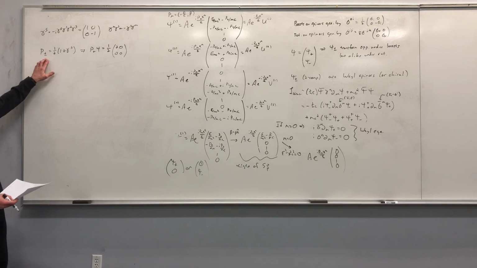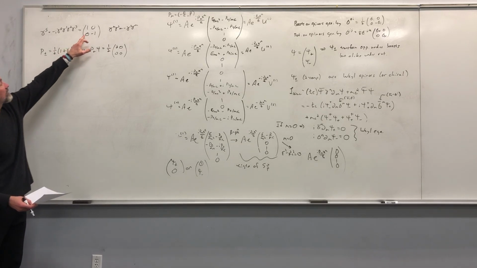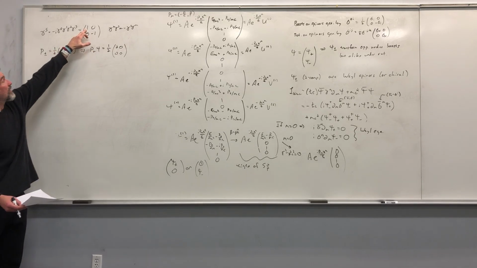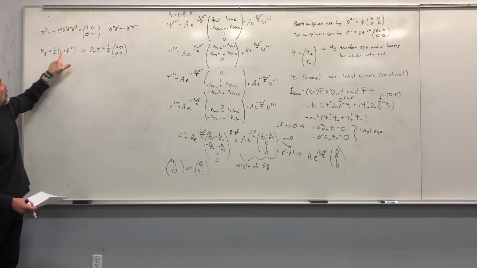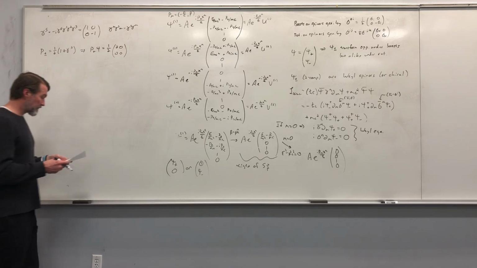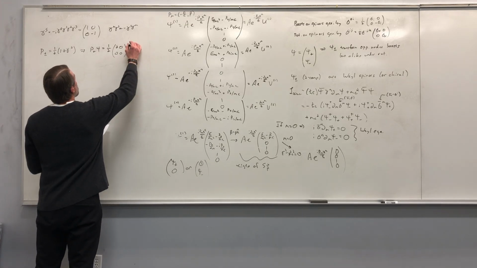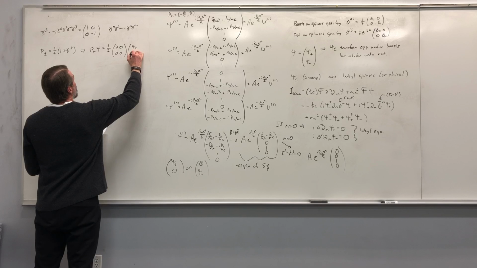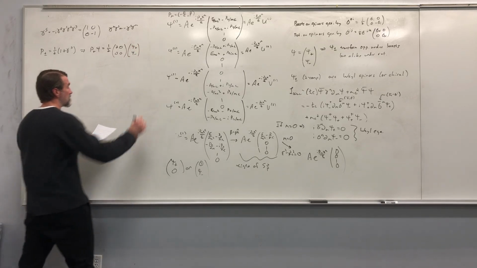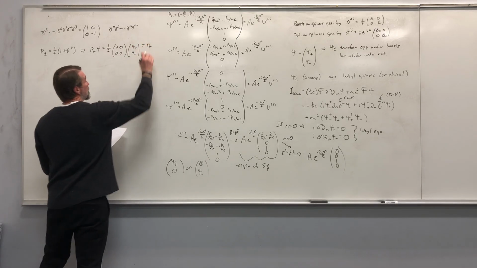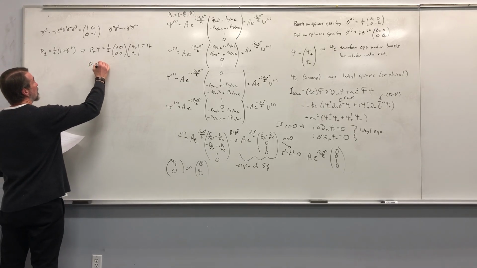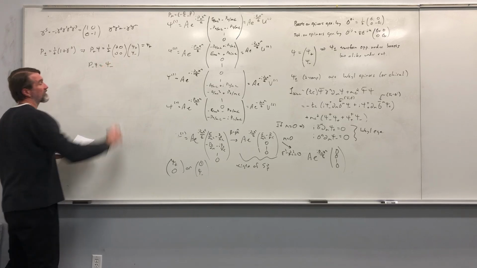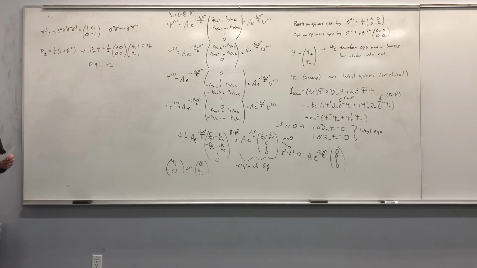Hopefully it's obvious. P plus is 1/2 (1 plus this). The 1s combine to give you 2s, divided by the 2 gives you 1, and the 1 from here and the minus 1 from there go to 0. If this acts on a spinor where I distinguish psi plus from psi minus, this projects you into the psi plus state, whereas P minus on psi projects you into the psi minus state.